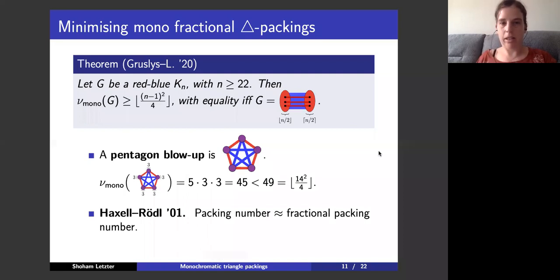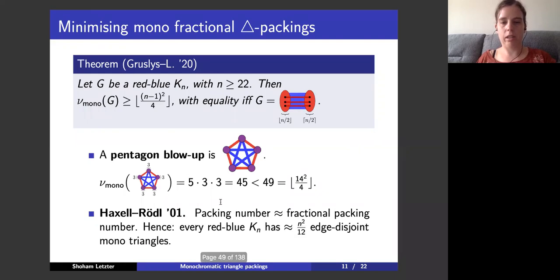Why is it even relevant to talk about fractional triangle packings? Well, Haxell and Rödl proved more generally, not just for triangles but for any kind of H-packing, though here let's just think about triangles, that the actual packing number, which is the maximum number of edge-disjoint triangles, equals the fractional packing number, which is what we have here.